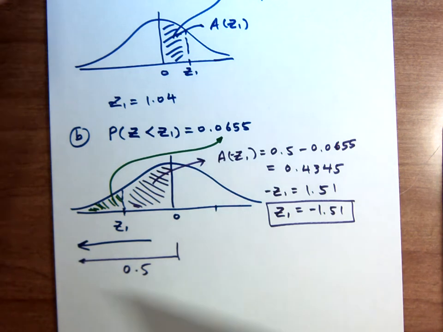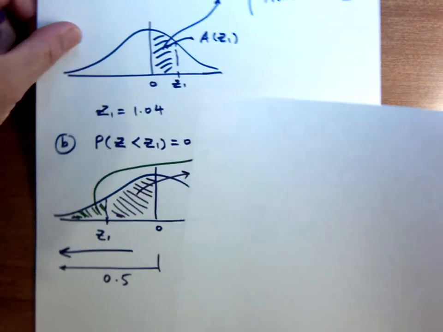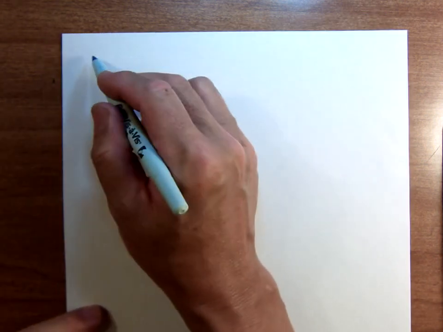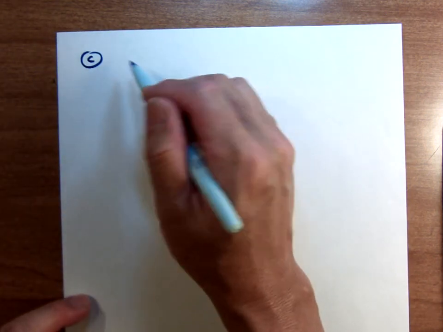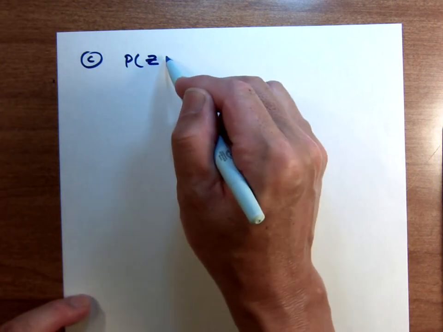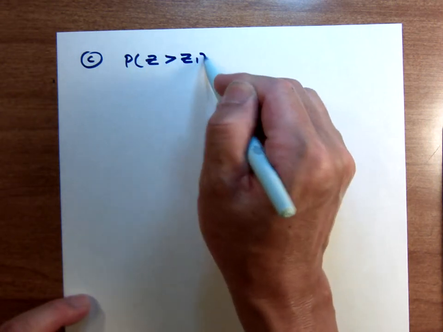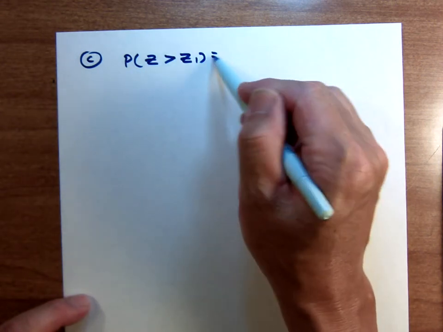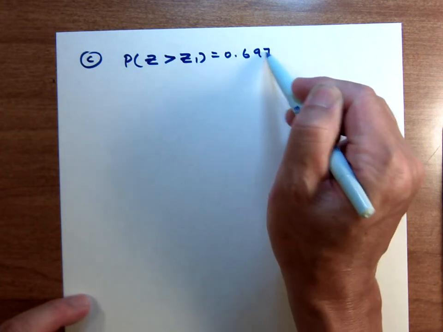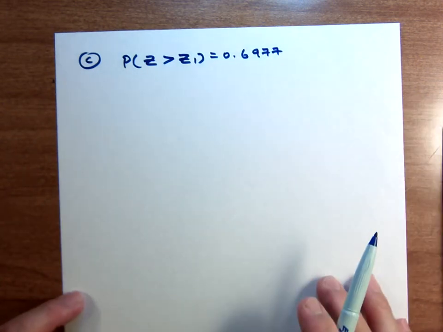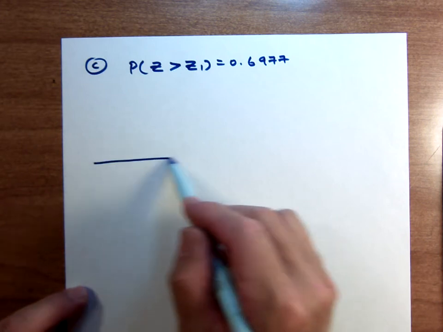And I have one more here, C. Find the probability z greater than z1 is equal to 0.6977. Let's draw a picture.